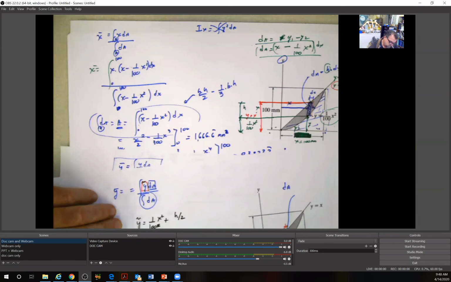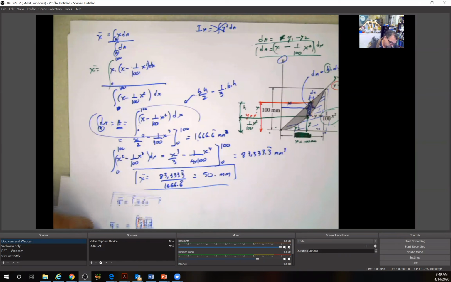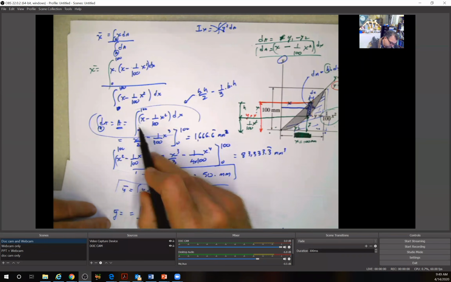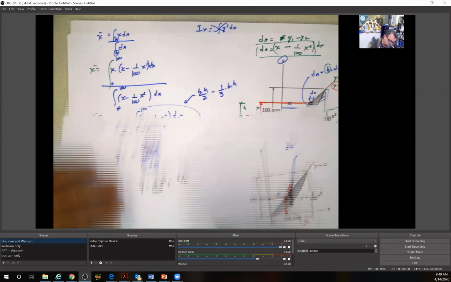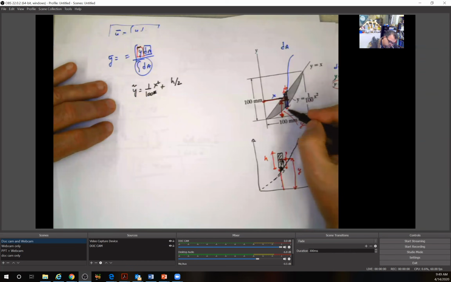That h was x minus 1 divided by 100 x squared, because it was this minus this.